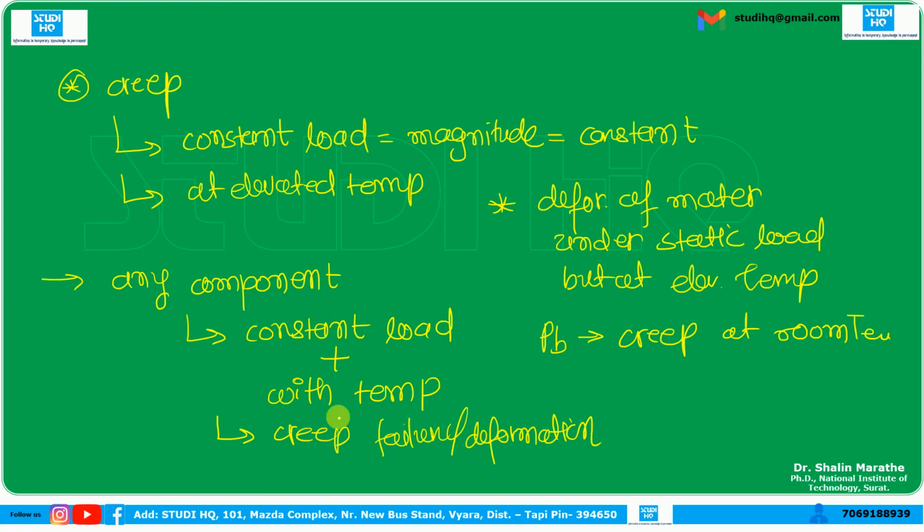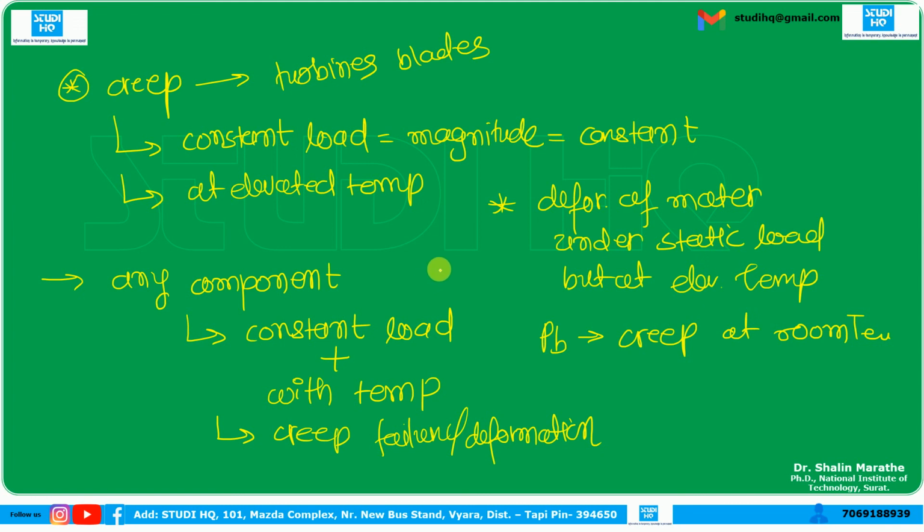This kind of creep deformation is very important to understand in turbine blades, because turbine blades are associated with high temperature conditions and also loading conditions. So I hope ductility, malleability, resilience, toughness, creep, all these things are clear to you.